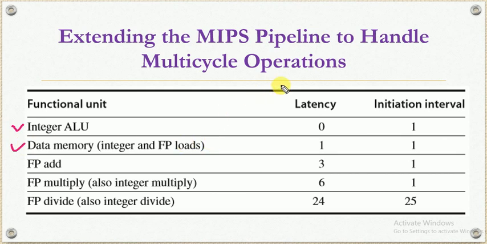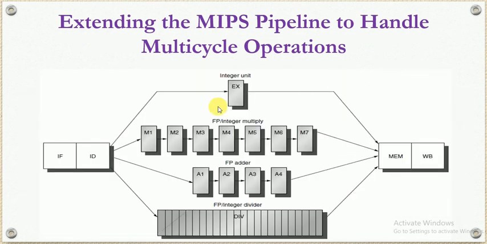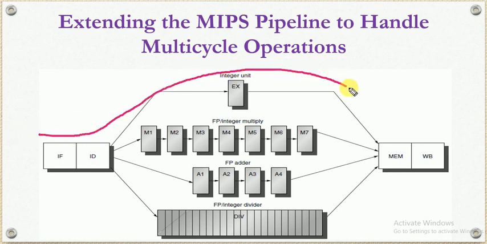So when this load operation will be finished, which functional unit is utilized for load operation? The same thing, that is the integer unit itself. So it will be going through the same path. First cycle instruction fetch, second cycle instruction decode, third cycle, then fourth cycle, then fifth cycle. It is passing through the same passage.